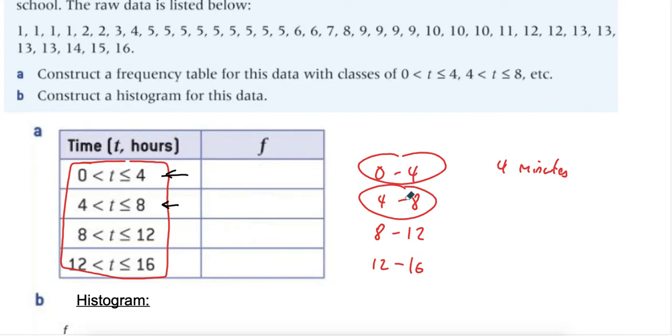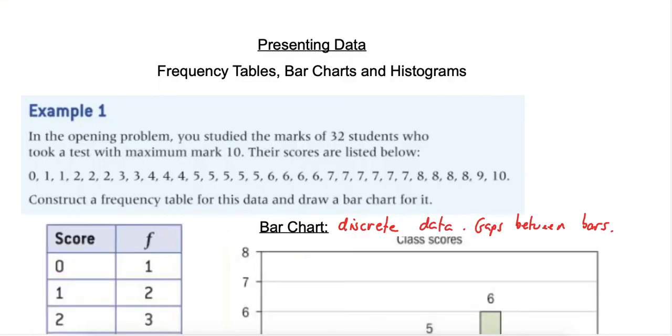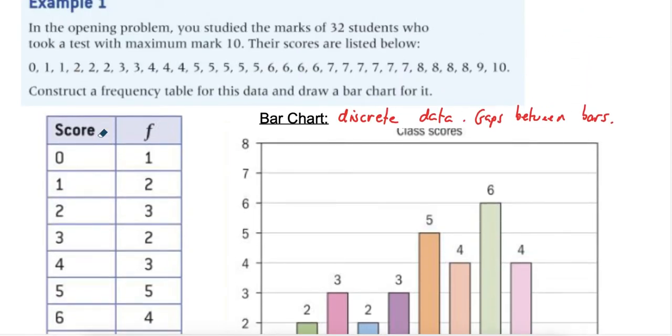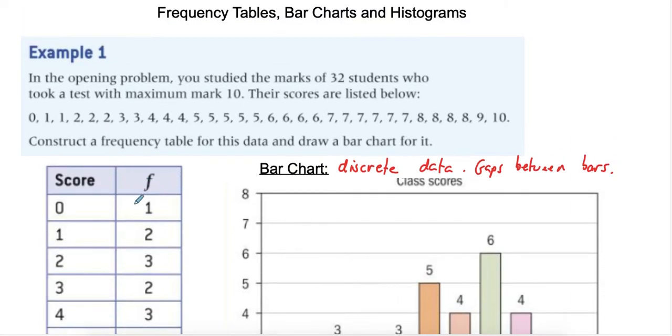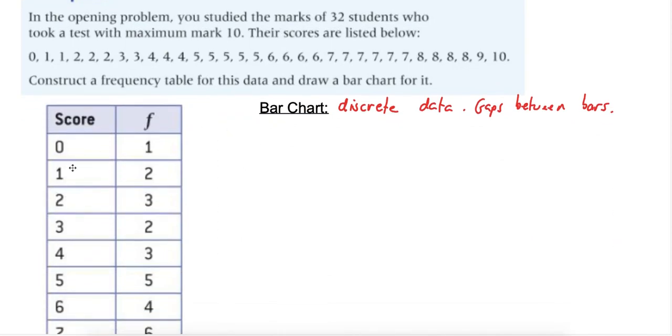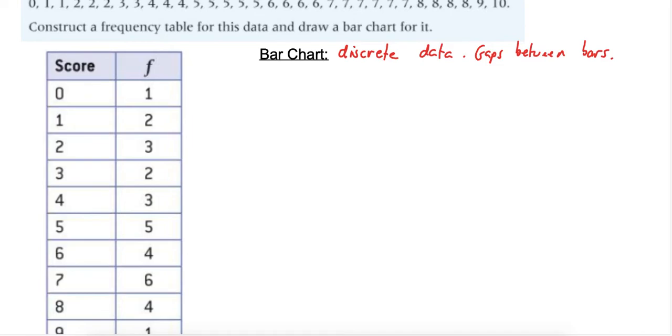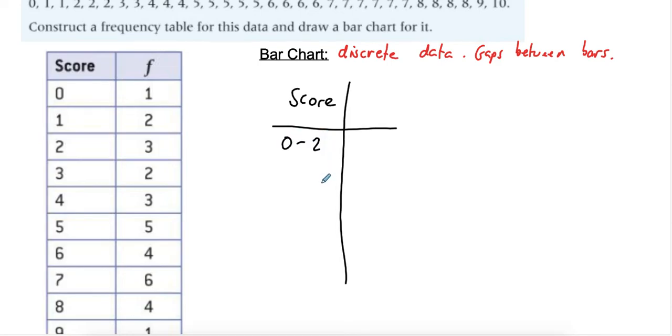Definitely not using this. However, just to go back to bar charts and discrete data, it's probably more likely that if you were putting this data into a frequency table, instead of having every single score recorded there, you might have a score of 0 to 2, for example.